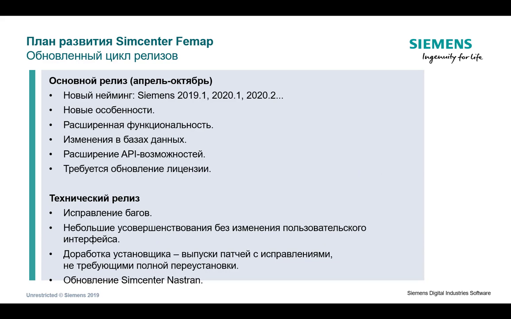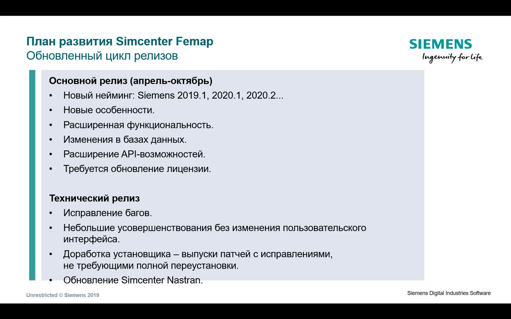So again, the new feature releases will be in April, October, or spring and fall. New features, expanded functionality, database changes, API expansion. This will always require licensing updates, and the localization gets updated for the new user interface for the languages that we localize into.